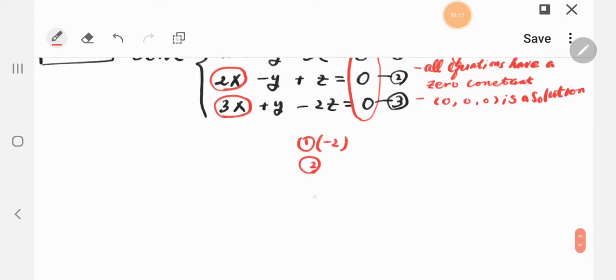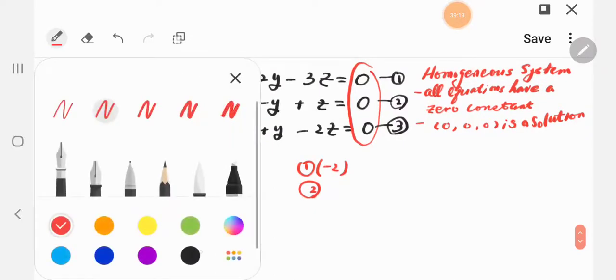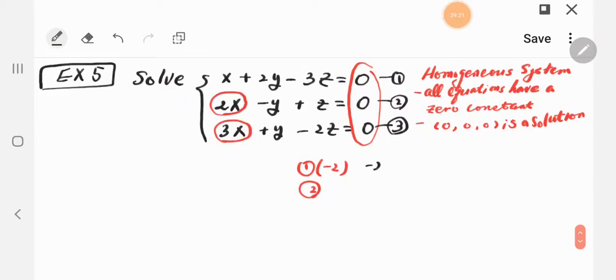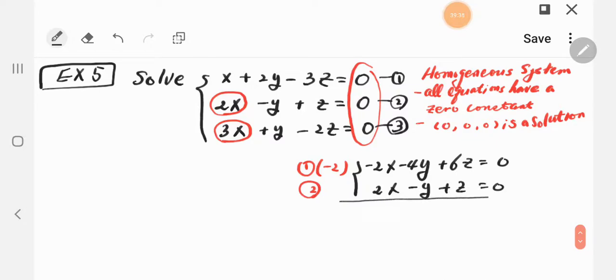So negative 2x minus 4y plus 6z equals 0, and the second equation is 2x minus y plus z equals 0. Add it. Then the x term cancels out, and we get negative 5y plus 7z is equal to 0.